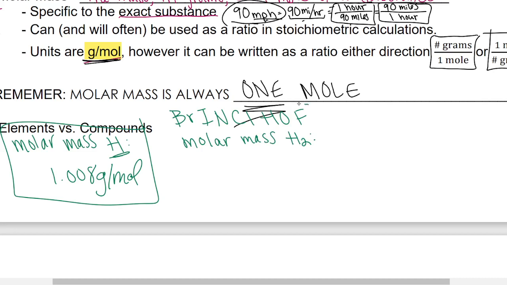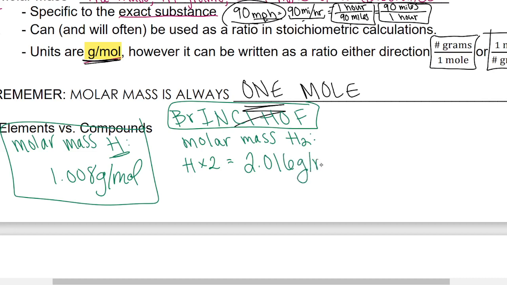So any of these guys would have a 2 on them, which means I need to multiply that mass by 2. So instead of your mass just being 1.008 grams per mole, I would multiply that number times 2, so it would be 2.016 grams per mole.